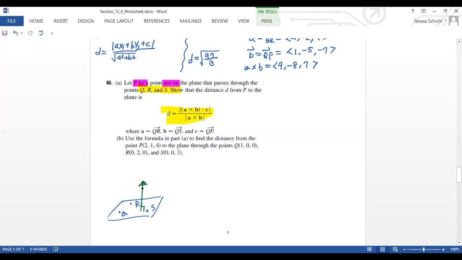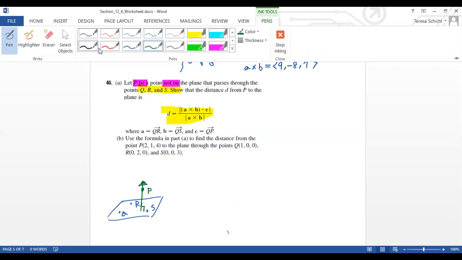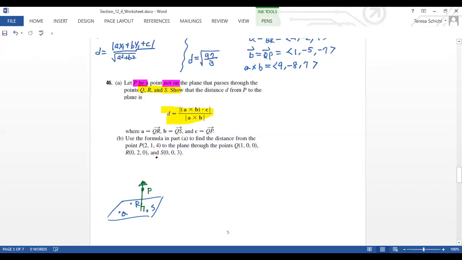So if here is my P, now think about this concept. You can say A is QR, so this is my A. And then B is here, this is QS.